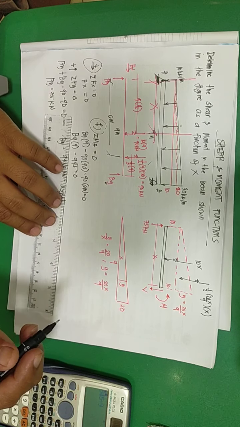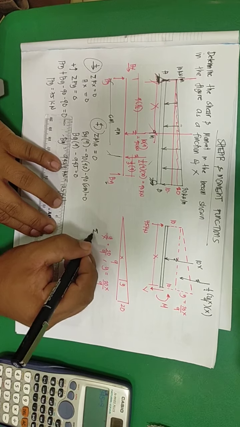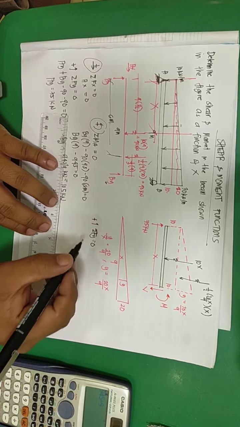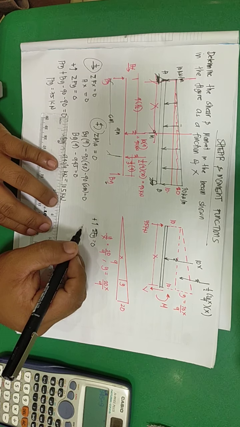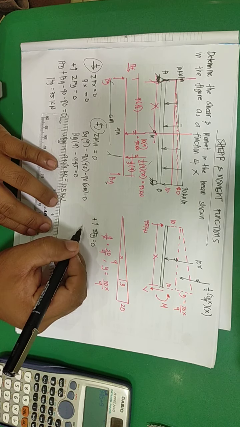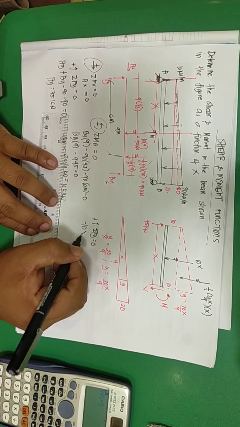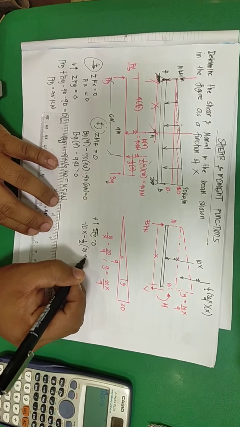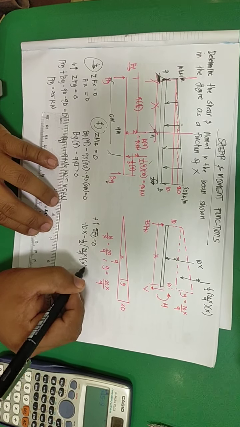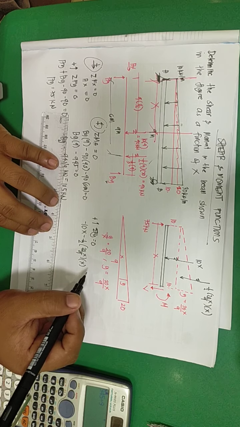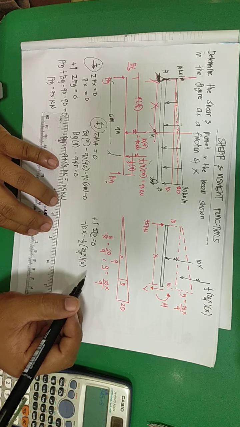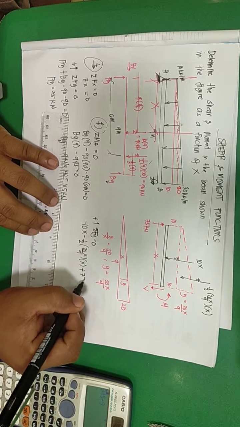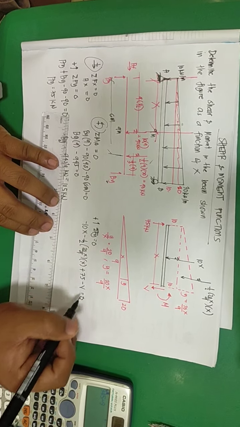We can now determine the shear. Summation of forces along y equals 0, upward positive: negative 10x minus 1/2 times 20x over 9 times x plus 75 minus V equals 0.